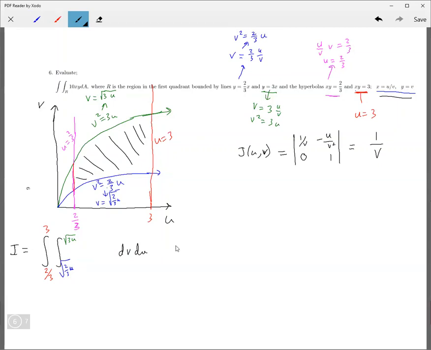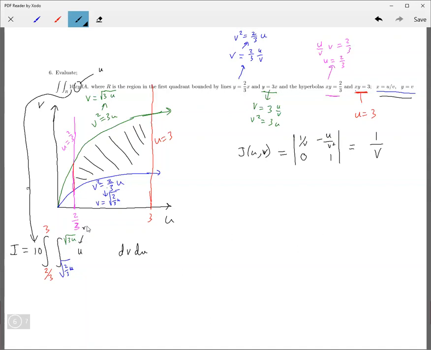Okay, and this part right here, we have a 10. I'll pull the 10 all the way out here. The xy, we already know that if you take xy, that's going to be u.